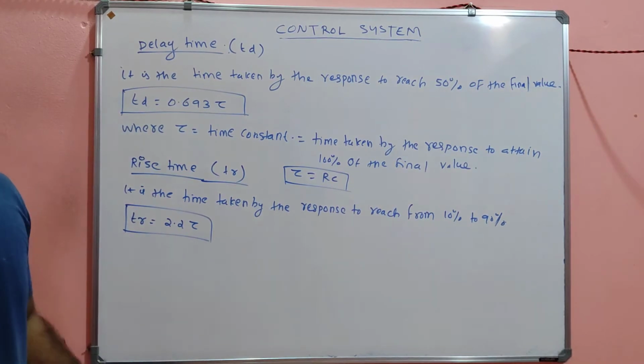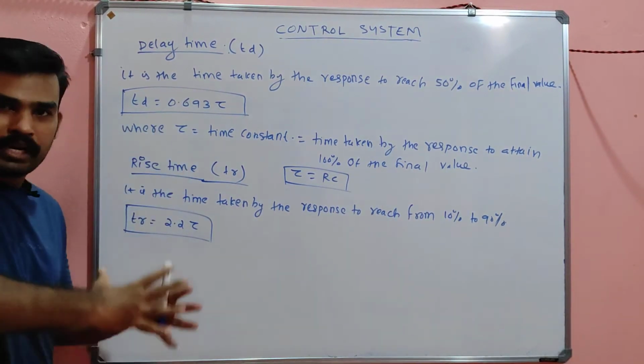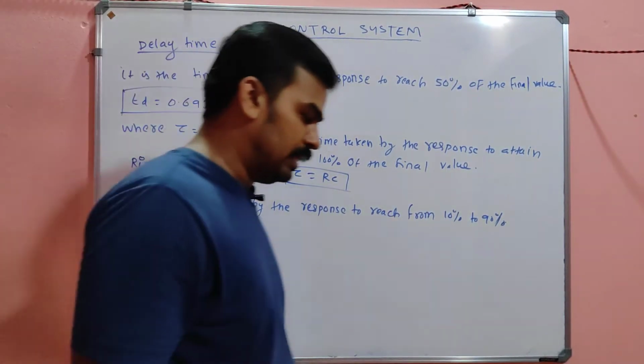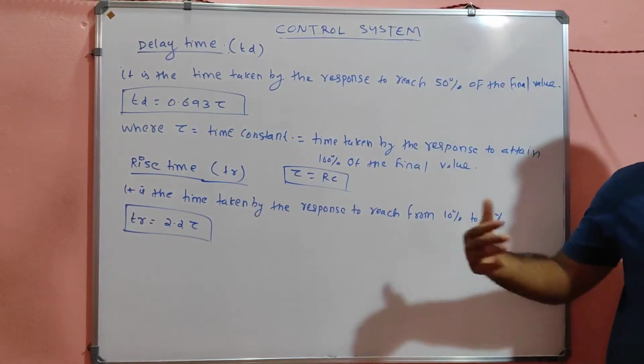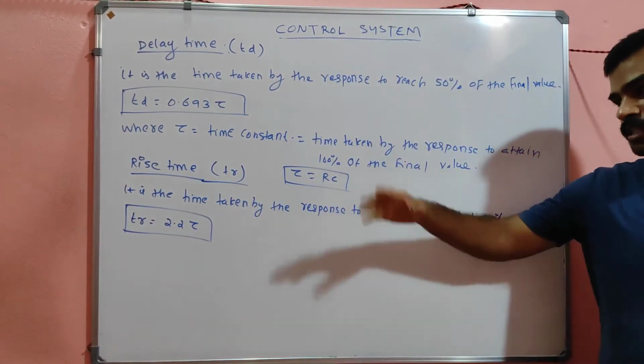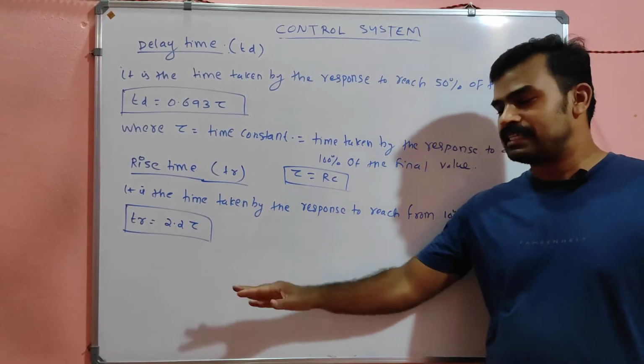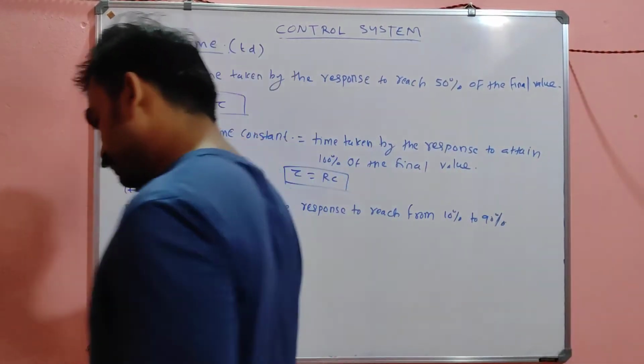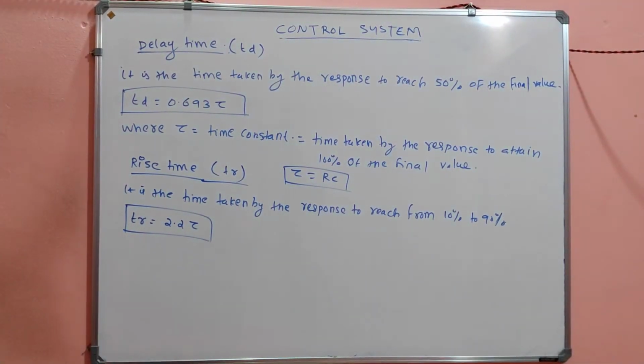While taking second order system, these things will be more and more clear to you. After some time only I will take it. So that is called the rise time.